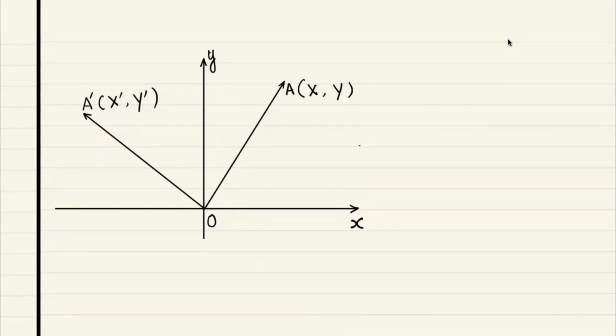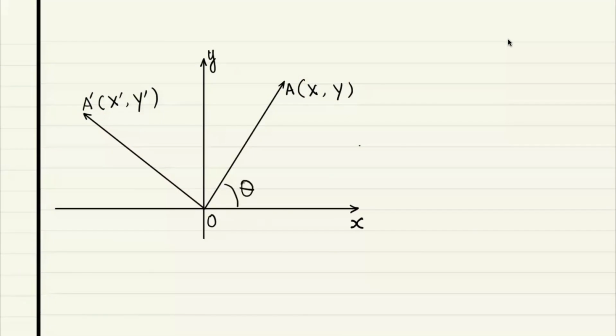So let us assume that the XY coordinates for A are X and Y. The XY coordinates for A prime are X prime and Y prime. For now, we're going to assume that the angle between OA and the positive x-axis is theta.